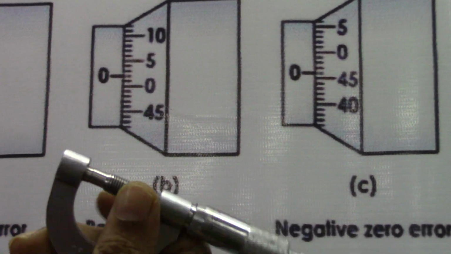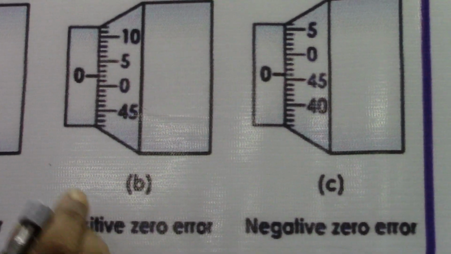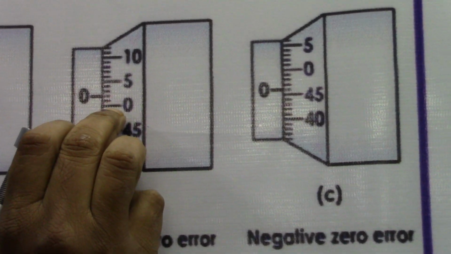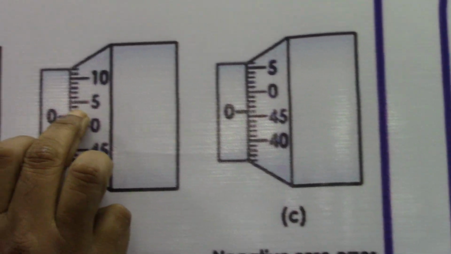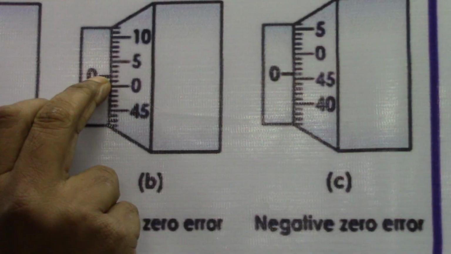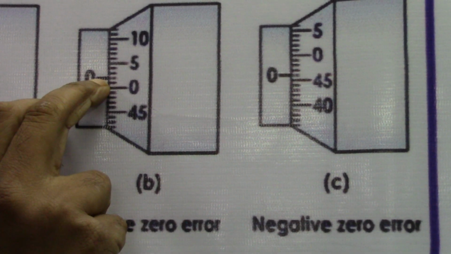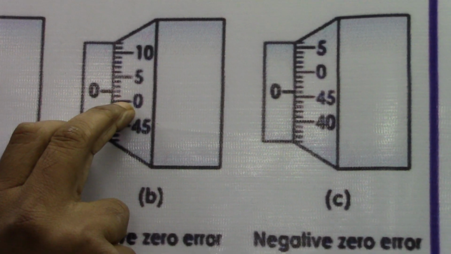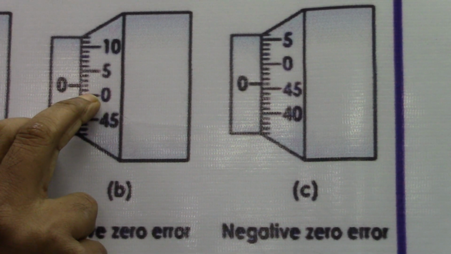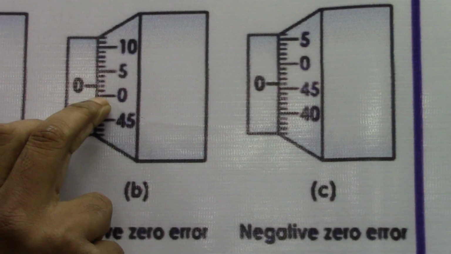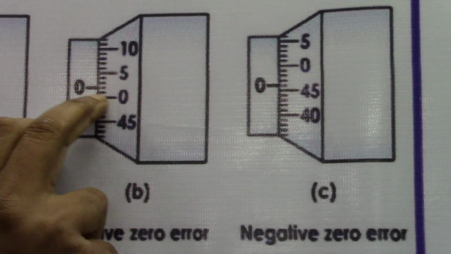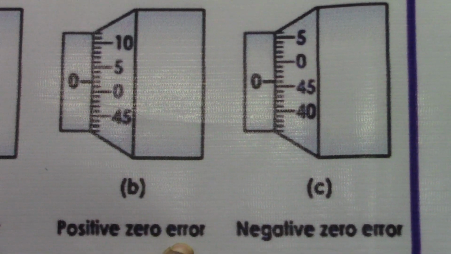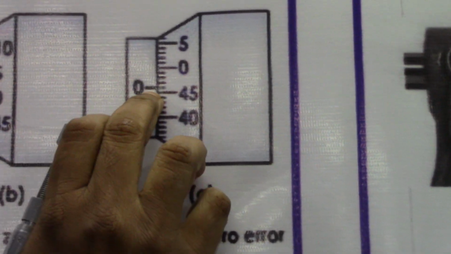Generally if this device becomes older and older, it may have either a positive error or a negative error. Sometimes the 0 on the head scale goes below the index line on the pitch scale. So this line is the index line, which is located on the pitch scale, and the 0 on the head scale is not exactly coinciding with this 0. So this 0 on the head scale is below the 0 on the index line. This type of error is called a positive error.